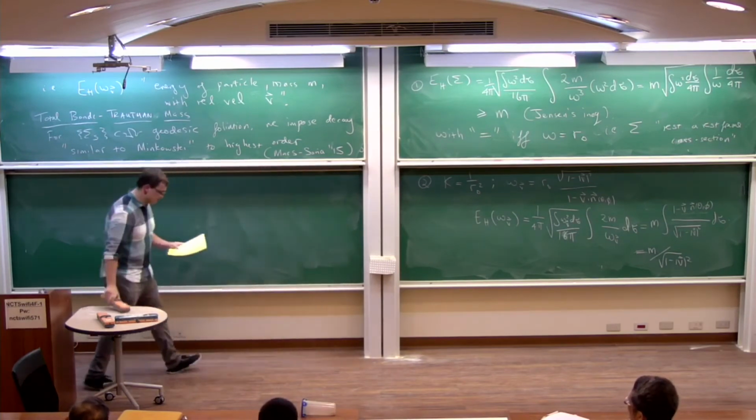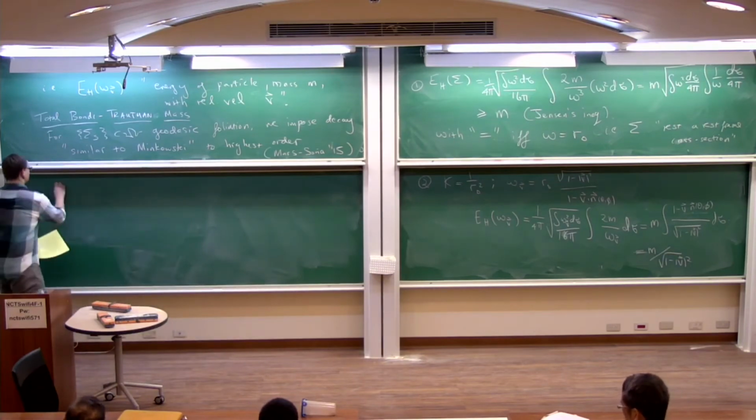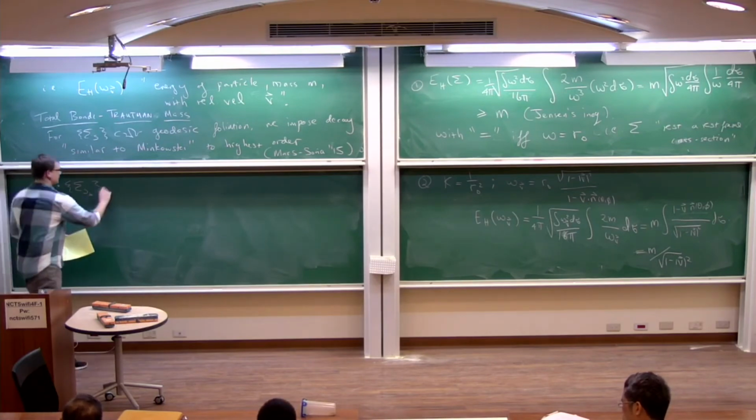All right, so we need these decay conditions in order to know that the Hawking energy is going to be finite. All right, and then we need to study different foliations of omega.